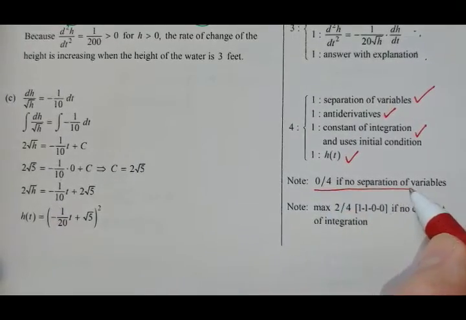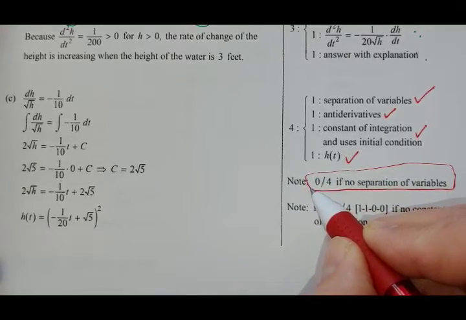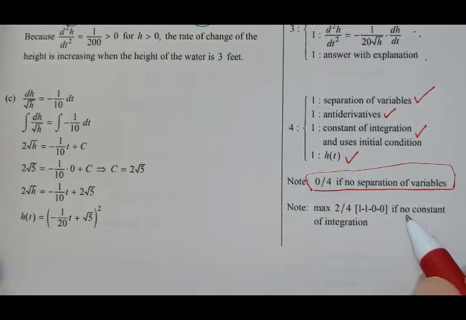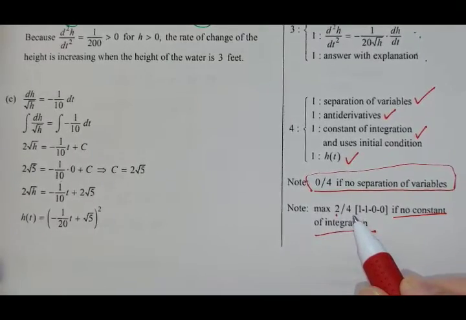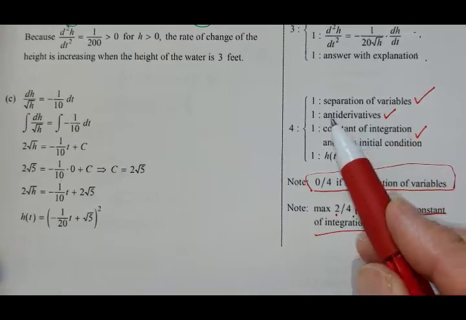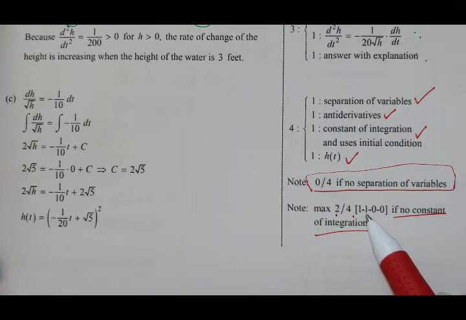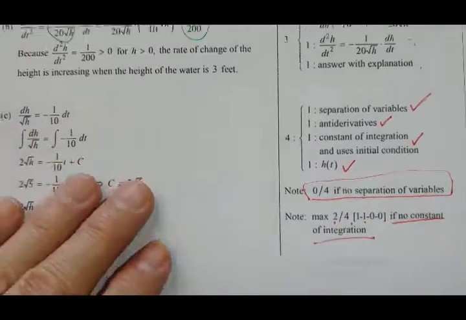If you do not show your separation of variables, you will get no points whatsoever. If there is no C, the most you can get is 2 out of 4. You can get the point for the separation and you could get the point for the antiderivatives, but you cannot get any more points. So that's problem number 4.